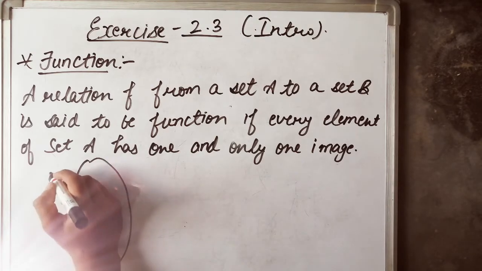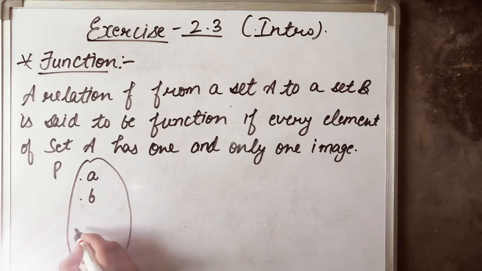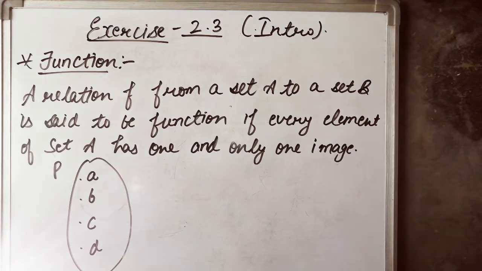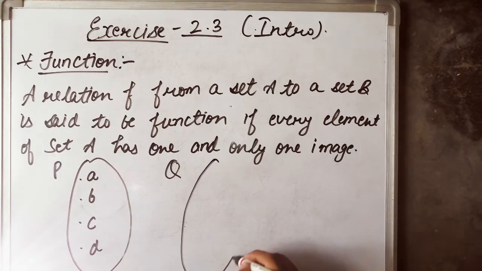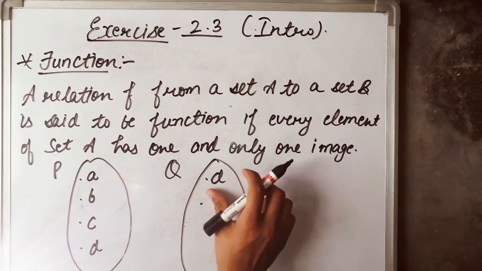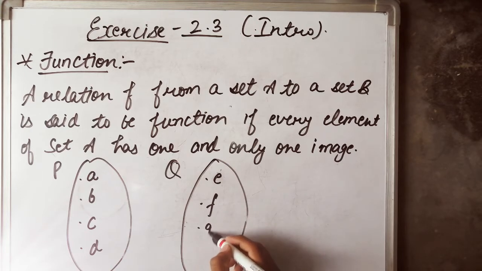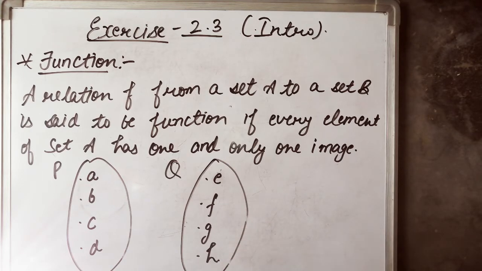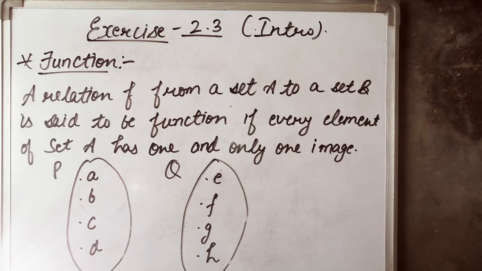A, B, C and D are the elements of the P set, and the Q set has the elements E, F, G and H. Okay, these are the two sets P and Q.